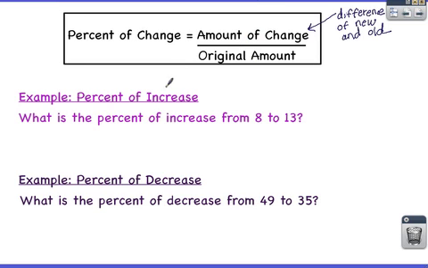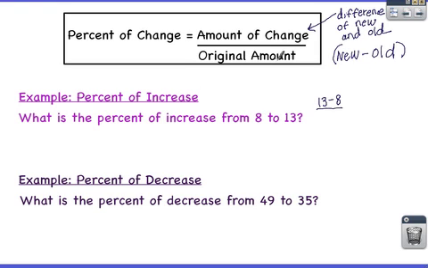So for example, what is the percent of increase from 8 to 13? Well, we need to find the amount of change, which we're going to do new minus old. So new minus old, in this case, would be 13 minus 8 because it went from 8 to the 13.